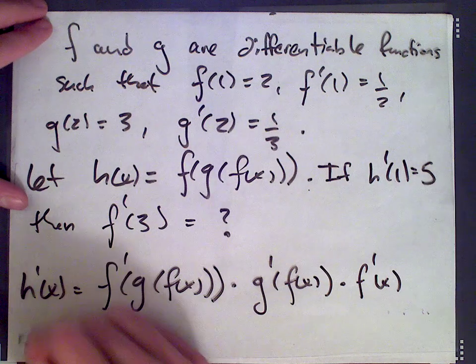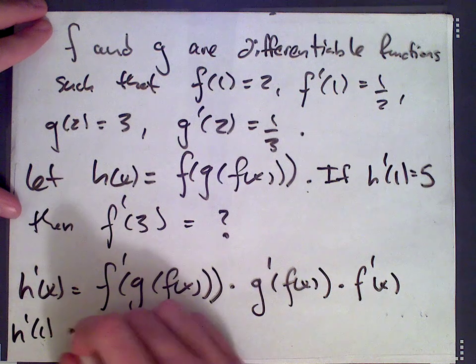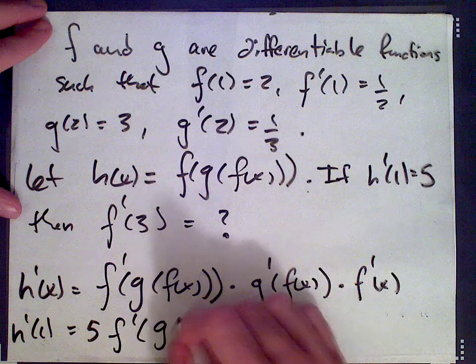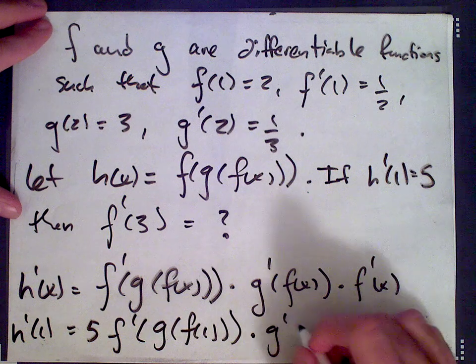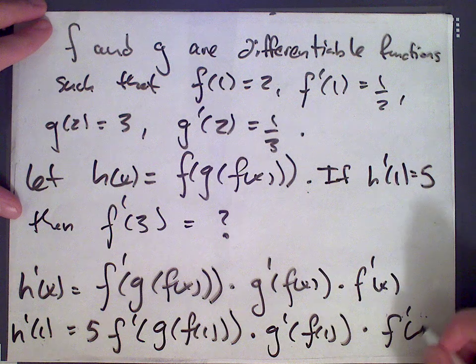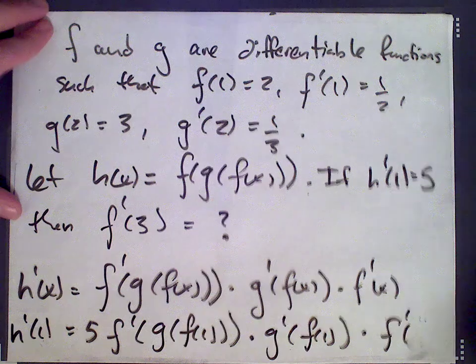Now we plug in the values we know. We know h prime of 1 is 5, and it's equal to f prime of g of f of 1 times g prime of f of 1, just plug 1 in for x everywhere, times f prime of 1.